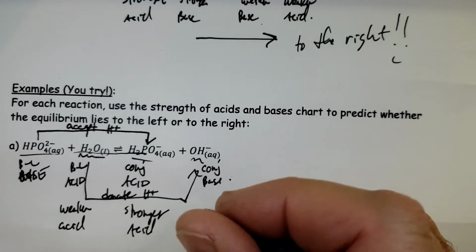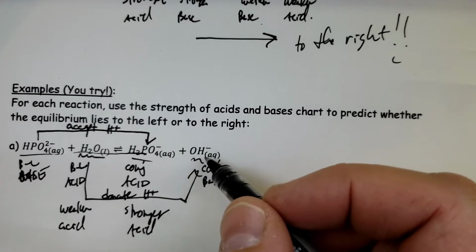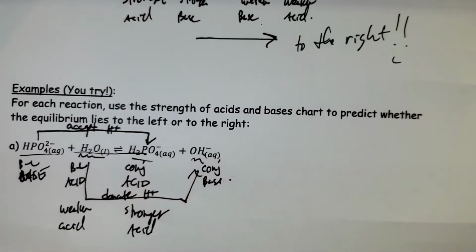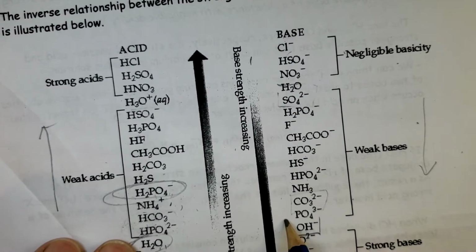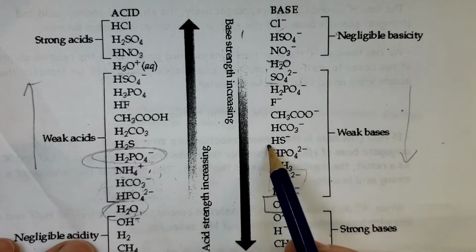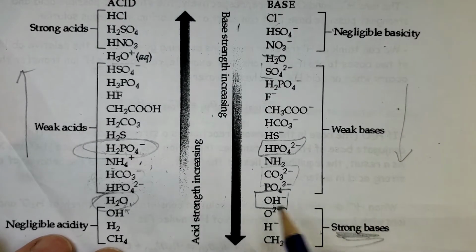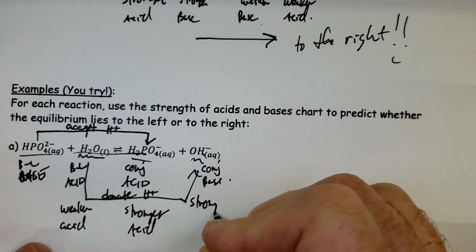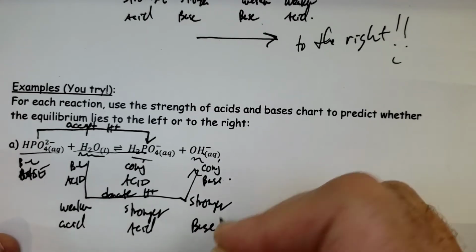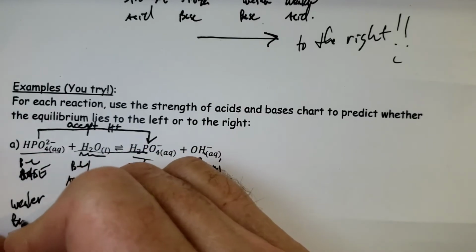So ideally what should happen here is that this is the strong base and this is the weak base. We should double check though. OH and HPO4. As you can see, the one that lies further down is the stronger base, OH, versus the weaker base.